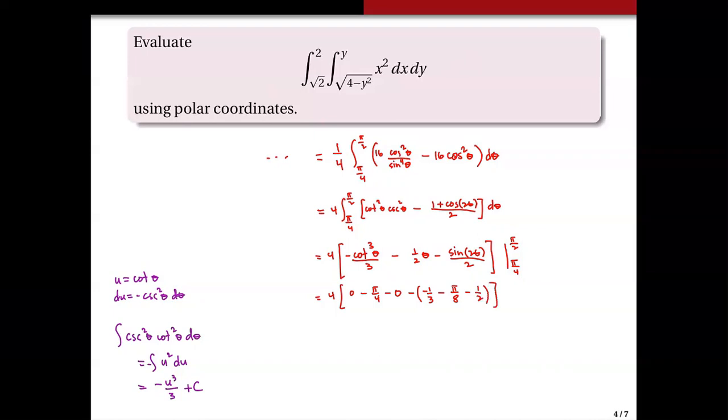So if we simplify this guy here, negative pi over 4, negative pi over 8, but there's a minus here. So you will have negative pi over 8. And then here we have 1/3, 1/2.